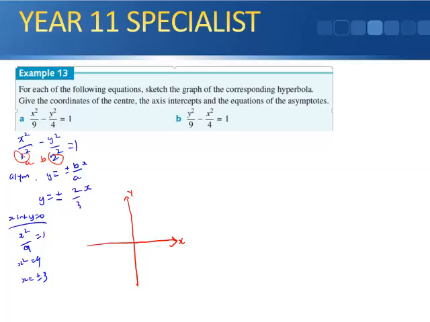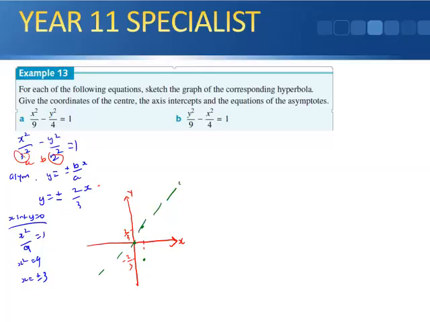This y equals positive 2/3 x, that line there, negative 2/3 x. So when x is 1, I get 2/3. When x is negative 1, negative 2/3. So I've got a point there going through the origin, there going through the origin.